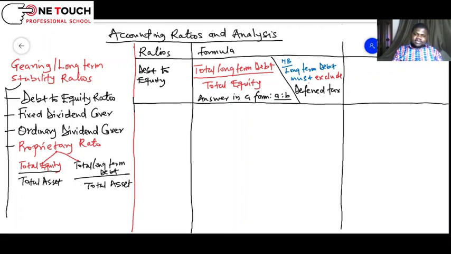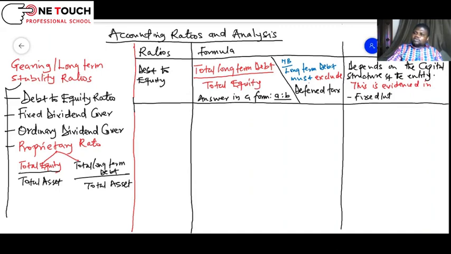I'm saying that debt to equity depends on the capital structure of the entity. There should be evidence. This is evidenced in the fixed interest cover.